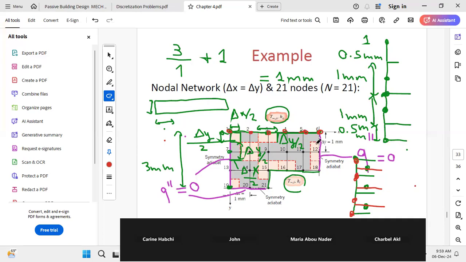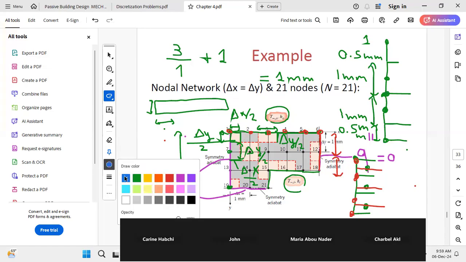Okay. Now, since you have here 2 millimeters, if you divide into 2, you have 2 millimeters and delta y is 1. So you have delta y and delta y. And if you want to put your points, you will just take points on corners.